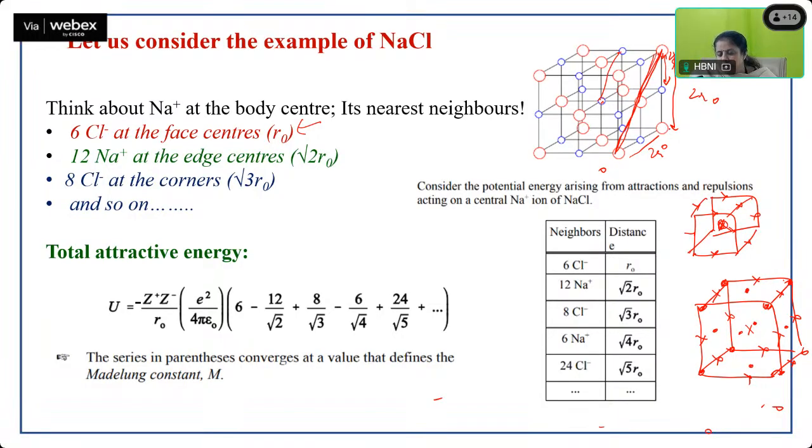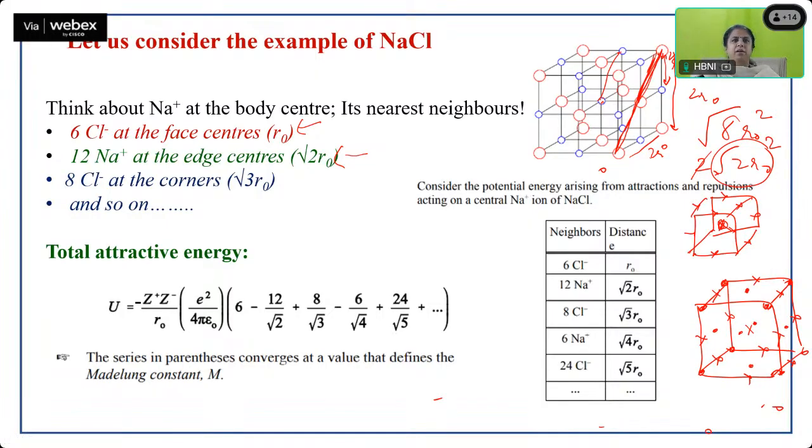So 4 R0 square plus 4 R0 square will be equal to hypotenuse square. Then the hypotenuse will be the square root of 8 R0 square, which is 2 root 2 R0. And I am talking only of half of this, so that is root 2 R0. So there are 12 sodium at the distance of root 2 R0.